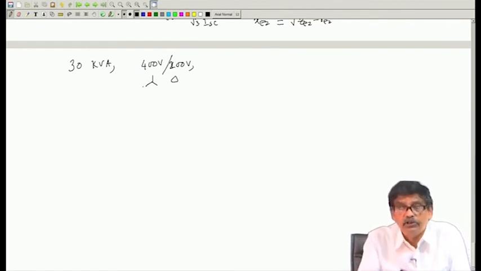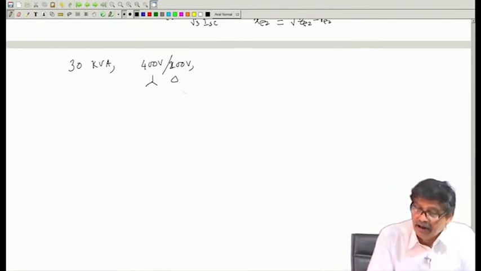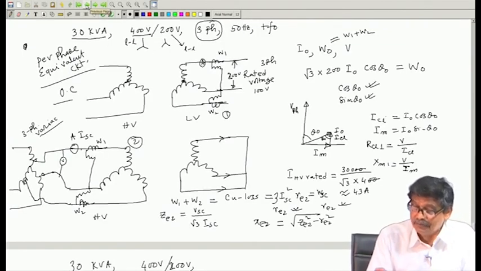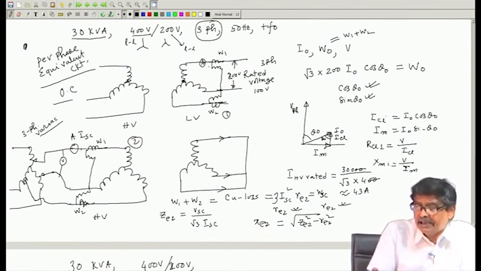Okay, you have to carry out the open circuit and short circuit test, because the readings we are taking are only the line readings, is it not? While carrying out the test, I am measuring the line quantities. In fact, you do not need the information whether inside this is star or delta connected.